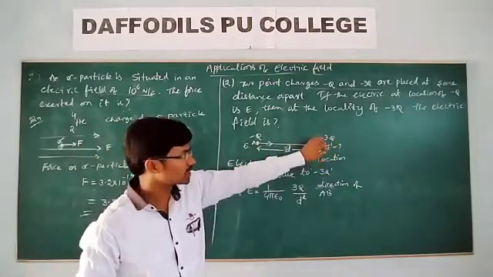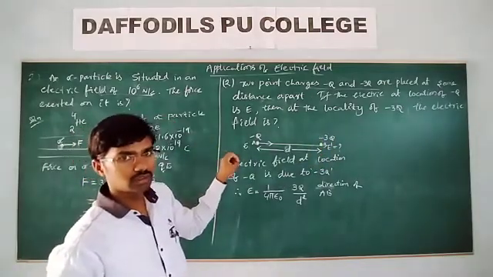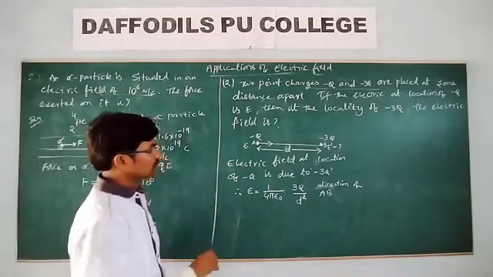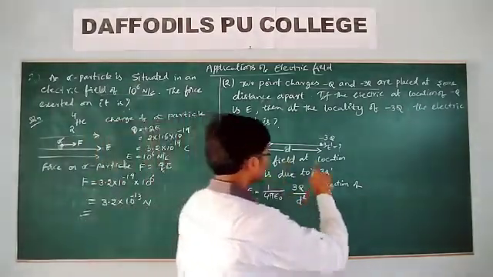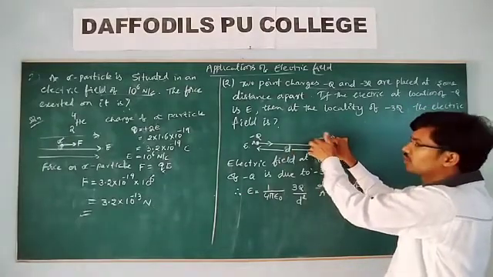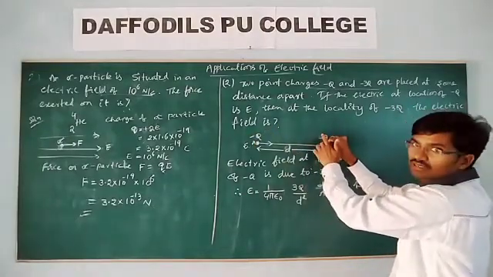If it is a positive charge, it is away from that charge. I hope you understood. We have already discussed this in the previous class. Now, at this point, due to which charge do we get the electric field? Due to this charge.